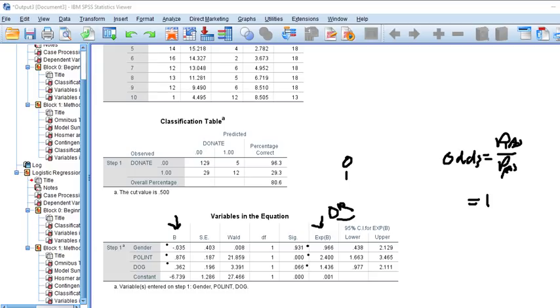If the probability of falling into the target group is greater than the probability of falling into the non-target group, then we would expect the odds to be greater than 1. And then if the probability of target membership is less than the probability of non-target membership, then we would expect the odds to be less than 1. So keep that in mind as you are thinking about the concept of odds.